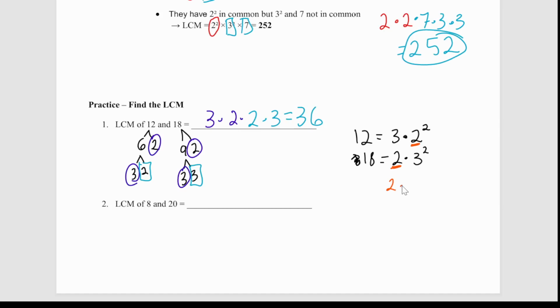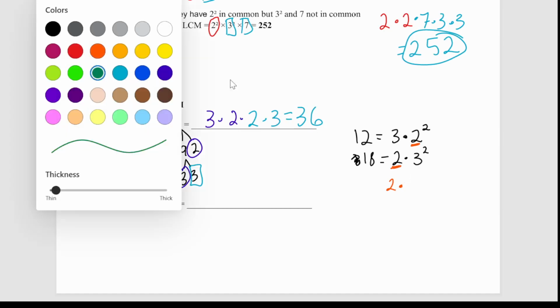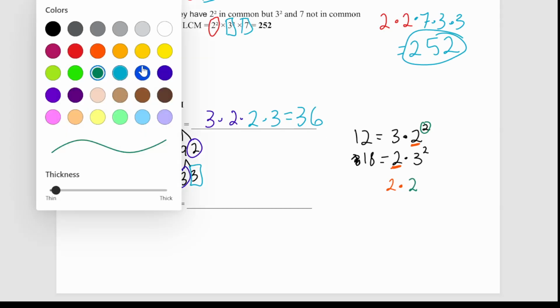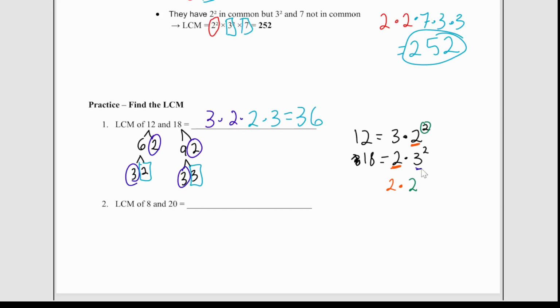So you'd have one 2 in common, and one 2 from the 2 squared not in common. And you would also have a single 3 in common, and then one 3 from the 3 squared not in common. And you would have gotten to the same conclusion, that this least common multiple would be 36.